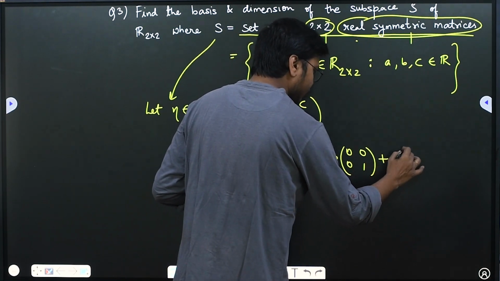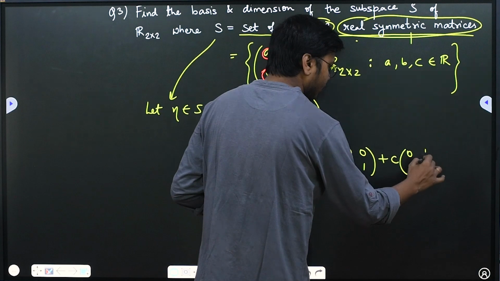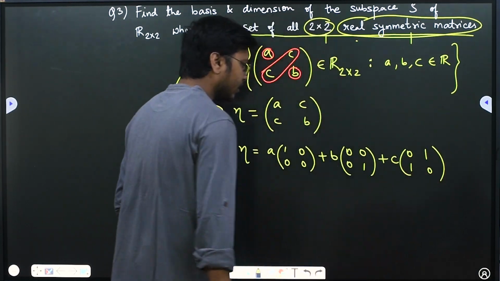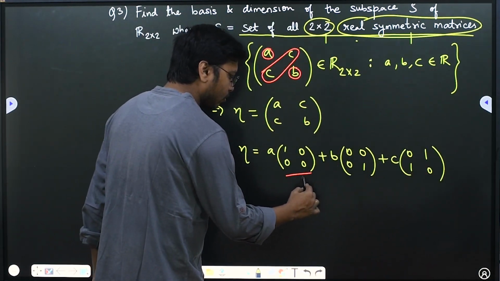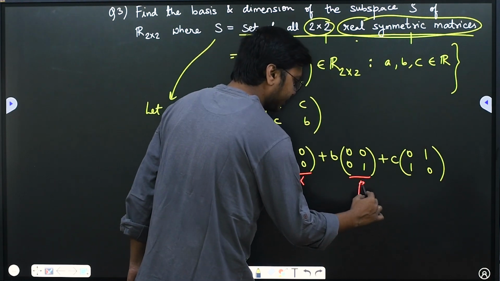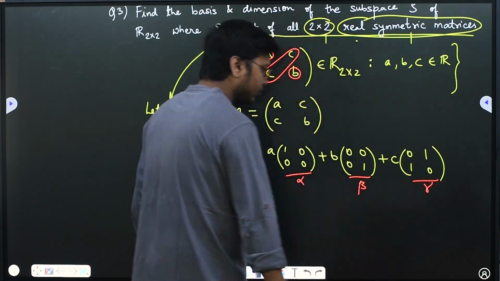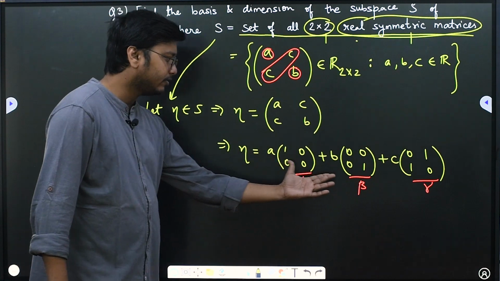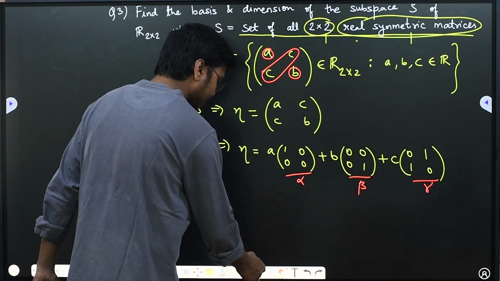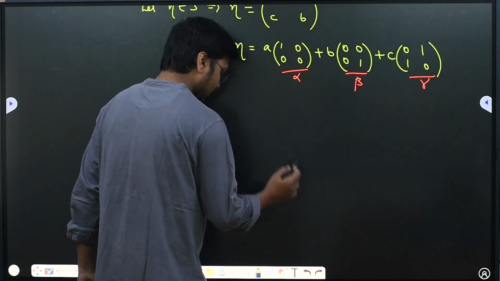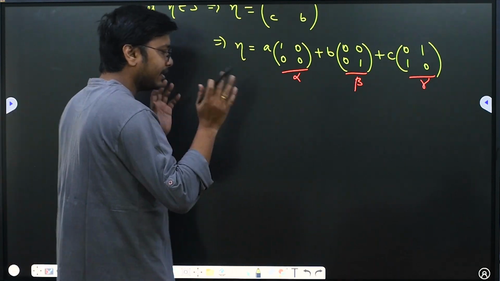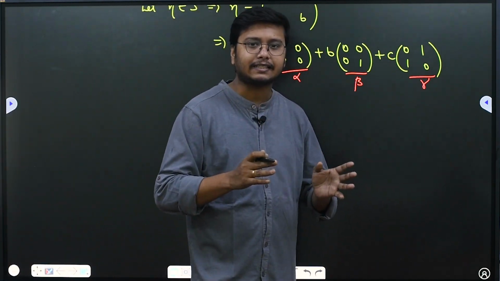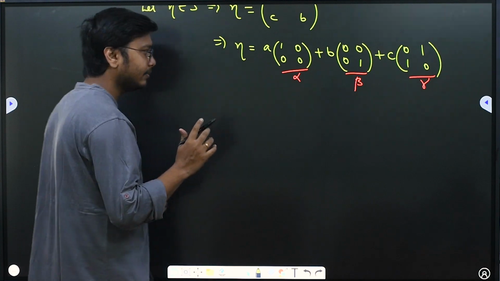And if I take C common, I have [[0, 1], [1, 0]]. So this element I'm going to call alpha, this beta, and this gamma. These 3 matrices I'm going to put in a set and ultimately show that it is the basis.